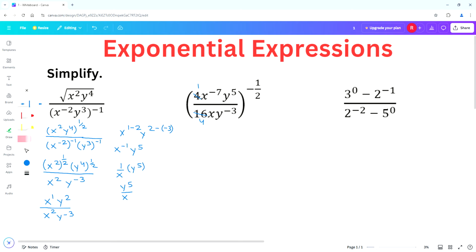We can combine the x terms in the numerator and denominator using the quotient law of exponents. We should subtract the exponents. The exponent on x in the denominator is 1, so we have to do negative 7 minus 1. We can do the same for y terms.